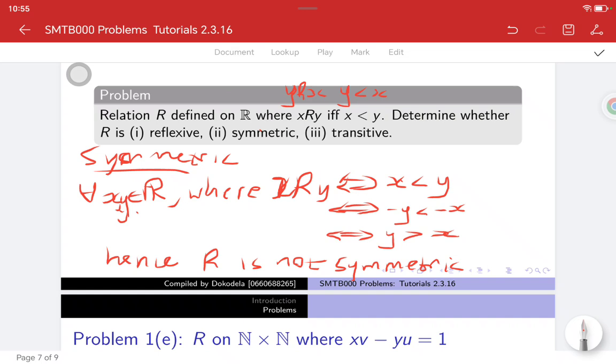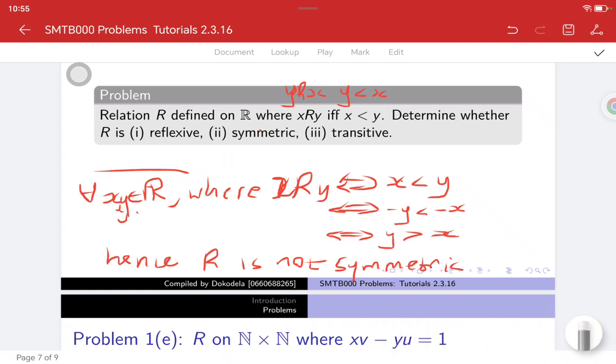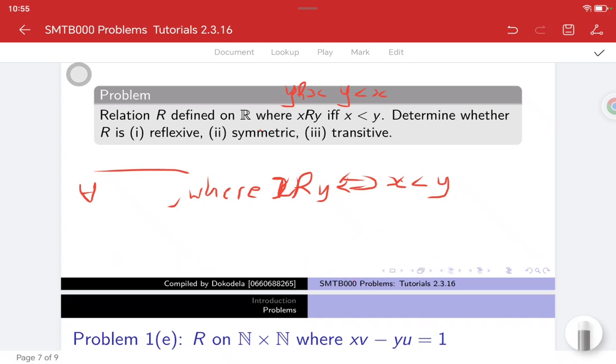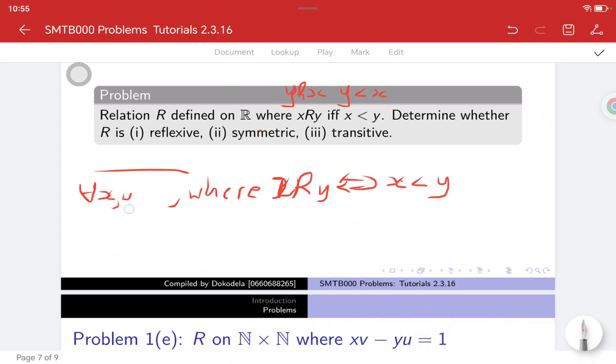So now we come to transitive. For transitive, remember we're going to take three elements. We're taking x, y, z, which is an element of R. So we took the first element where x is related to y.